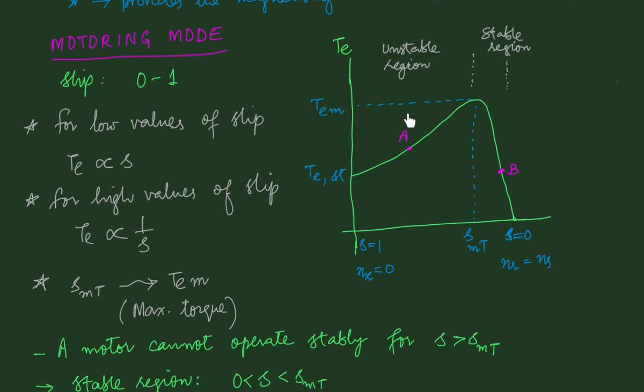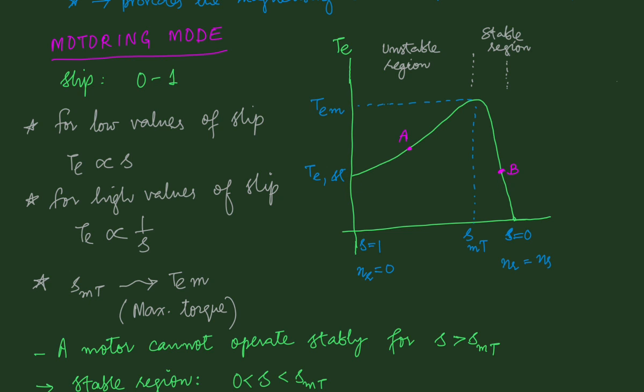That means on this characteristic it will move downwards, and as the operating point moves downwards, it means that with decreasing speed, the developed torque has also decreased. We had basically increased the load, but the developed torque has decreased, because of which the difference of the torques will be more, and hence the motor will decelerate more and more, and ultimately it will come to standstill.